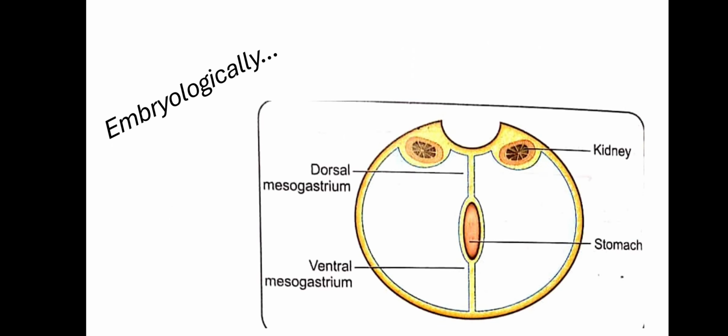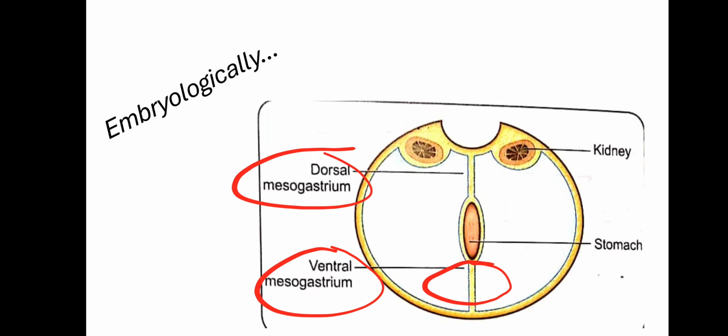One other thing I want to say about the embryology. At first the stomach was in this orientation. So we had the two layers of peritoneum in the anterior border forming the ventral mesogastrium, and the two layers of peritoneum from the posterior border named as the dorsal mesogastrium.